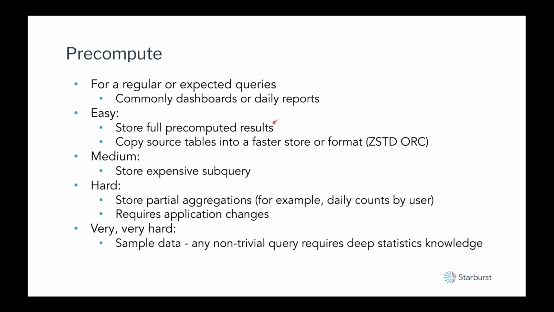If you can do that, that's really easy. It's simple. If you know they're going to run this query every morning, you have a cron job that just goes and pre-computes the results.